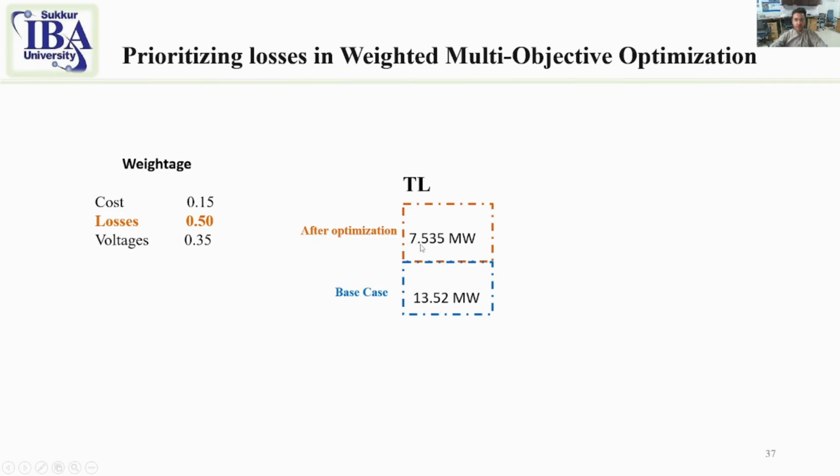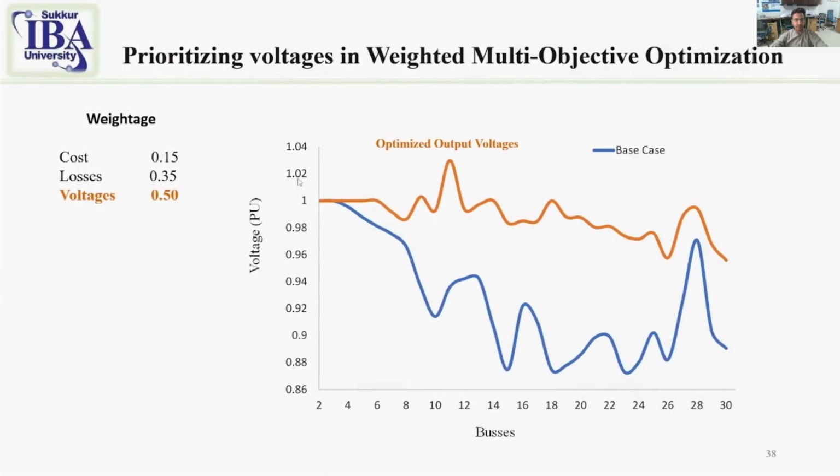It's now reduced to 7.53 megawatt. So this shows that the weightage is working actually, because first we gave the weightage to cost, it reduces cost, and then we gave the weightage to losses, means we prioritize the losses by giving more weightage than cost and voltages. So the third time, here you can see we prioritize the voltages.